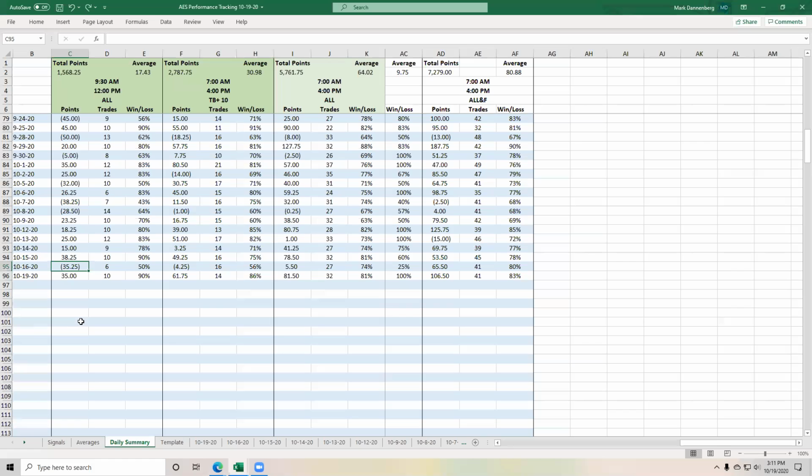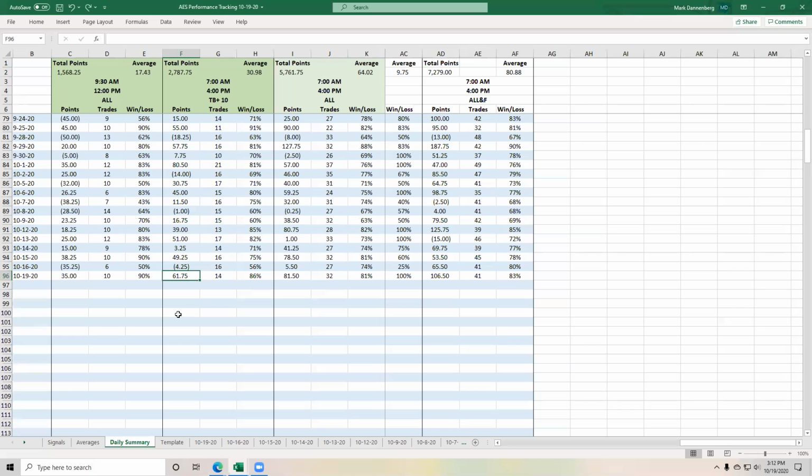Friday, we actually lost 35.25 points from 9:30 to noon. That was on 6 trades. Friday, our 7 to 4 category, taking just the trend-oriented signals, was down 4.25 points, and that was on 16 trades. And then today, we took 35 points of profit on the 9:30 to noon category, and we took 61.75 points of profit on our 7 to 4 trend bias trades.